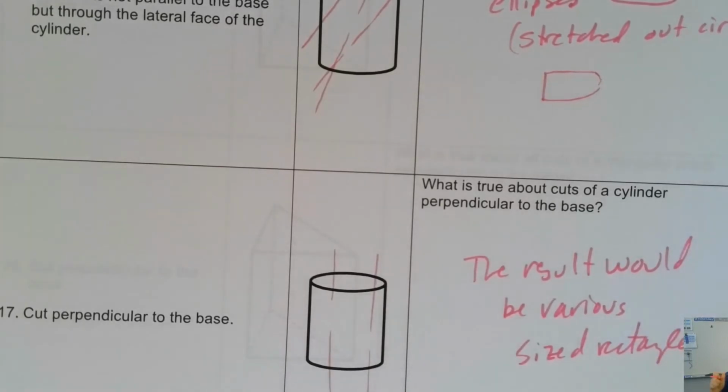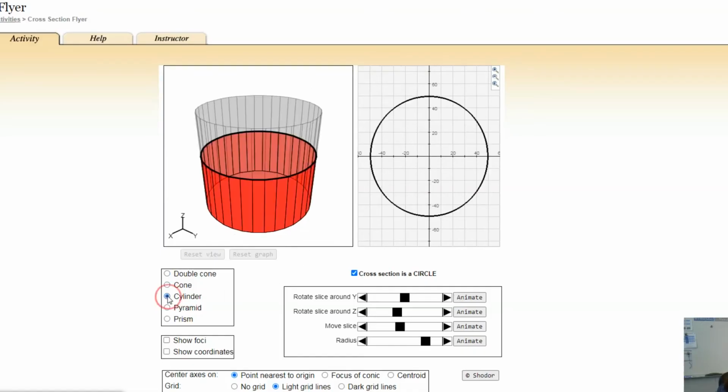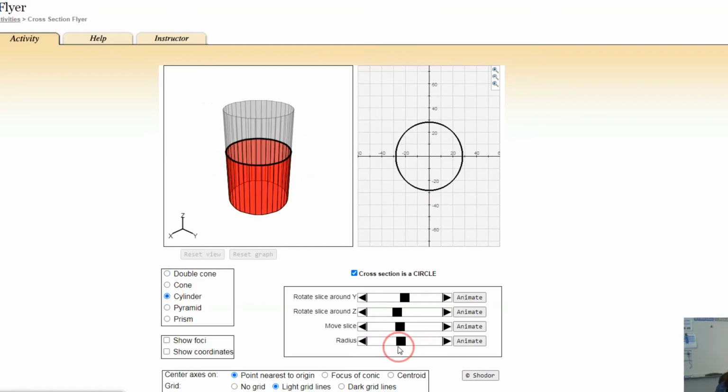Okay, let's go into our interactive website. And let's get a cylinder up. And then let's make it a little skinnier like that. Okay, we're going to move the slice up and down. Do you see how this remains unchanged? The cross section is a circle when we make parallel to the base slices.